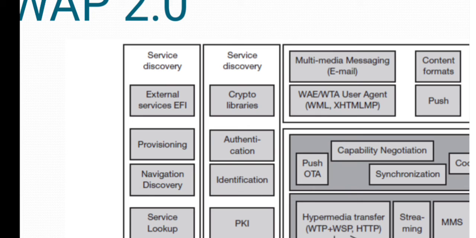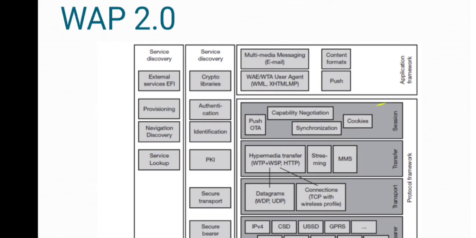And while surfing through the network using the hypermedia documents, the device may need to discover new network services. And the navigation discovery provides a secure way to do the navigation.